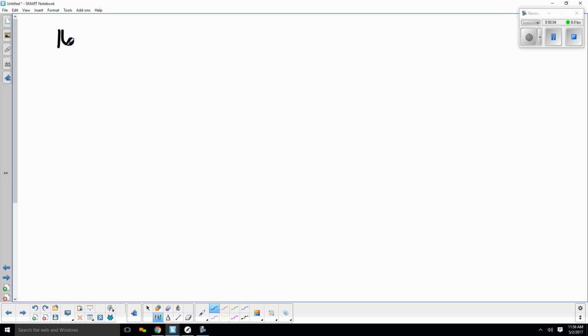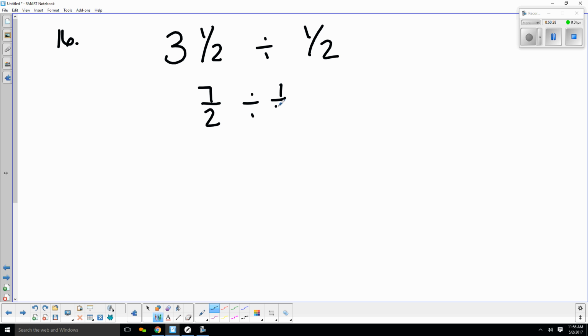And 16, for each half a cup of milk, it has 4 grams of protein. Exactly how many grams are in 3.5 cups of milk? Well, I can figure out how many times a half a cup will go into 3.5 by dividing. So at this point, change to improper. Now rewrite it as a multiply problem.